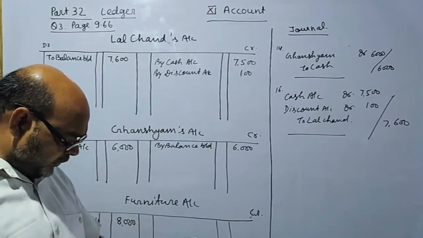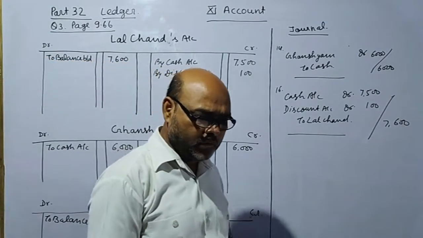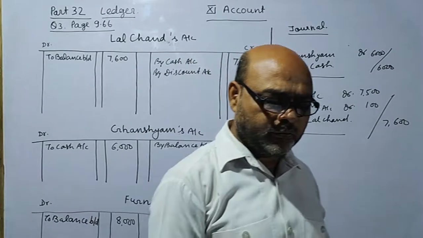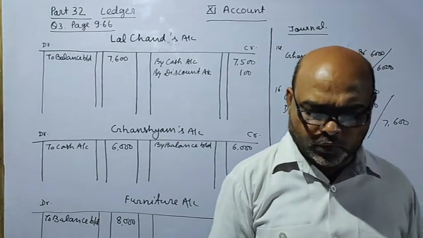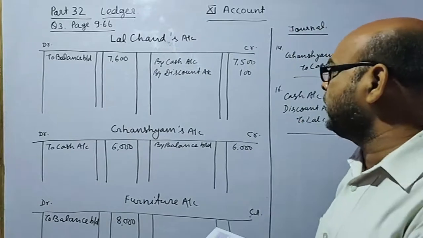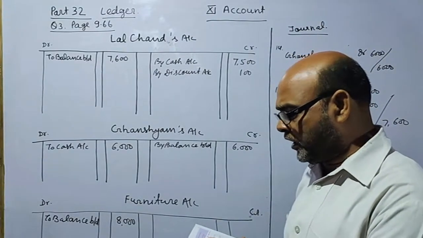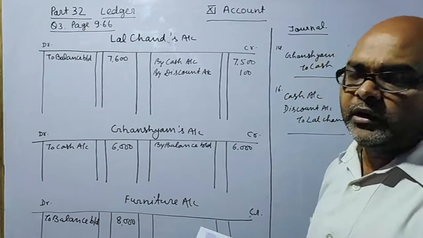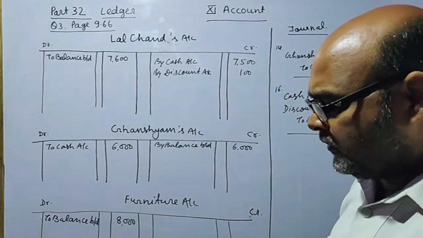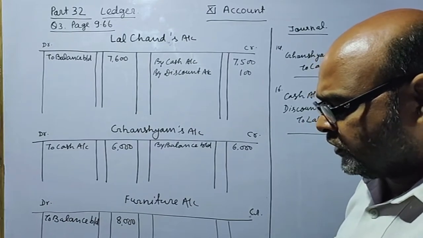Now next, purchased scooter for office use. So scooter account debit to cash account. Sold goods for cash. So cash account debit to sales account. Received from Gopal Seth 4,850 and discount allowed 150. So cash account debit, discount account debit to Gopal Seth. Paid for wages 7,000 and salary 3,000.